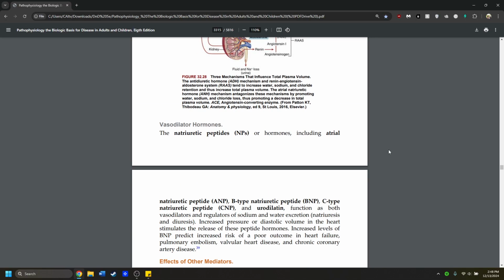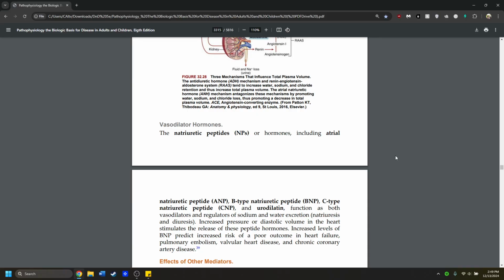So then we have our vasodilator hormones. The natriuretic peptides, or NPs, including atrial natriuretic peptide, B-type natriuretic peptide, C-type natriuretic peptide, and urodilatin, function as both vasodilators and regulators of sodium and water excretion, natriuresis and diuresis. Mouthful.